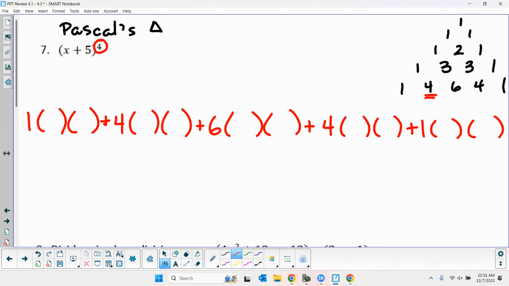Okay? That's how we start. What goes in the first parenthesis is x, right? In every one. Second parenthesis, 5.